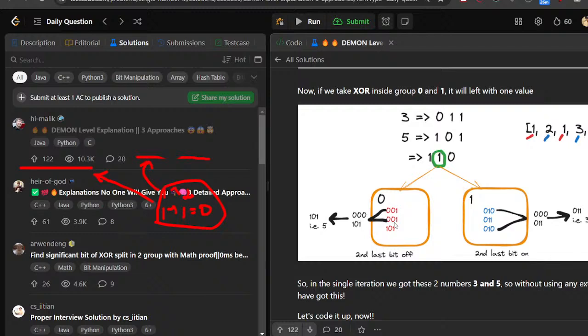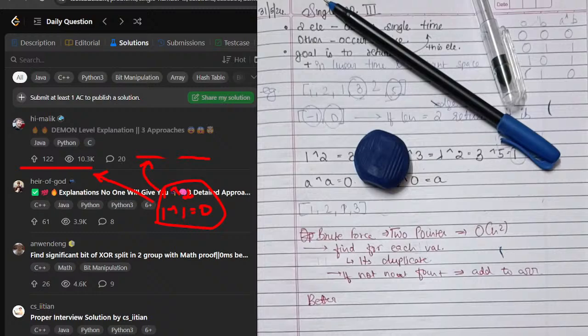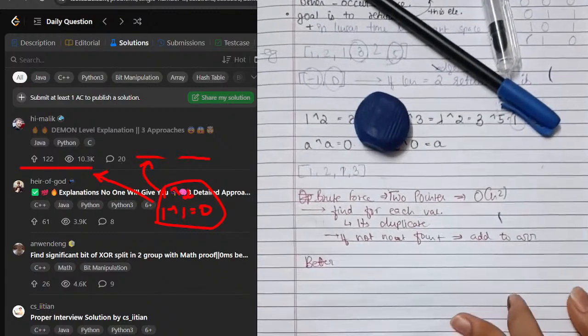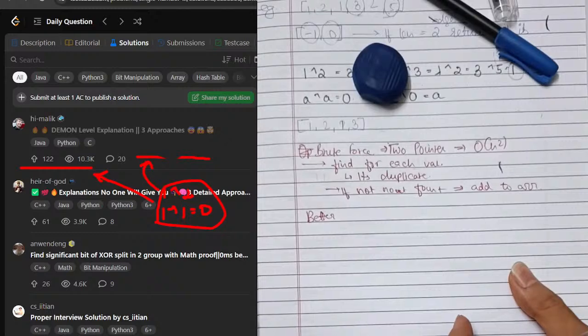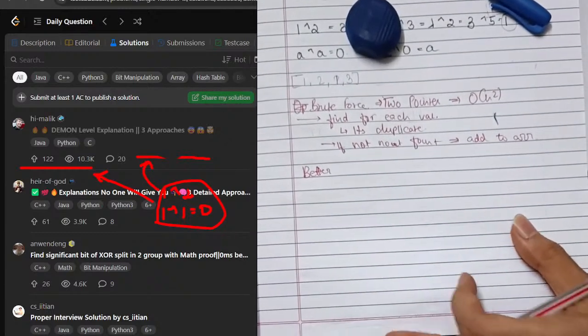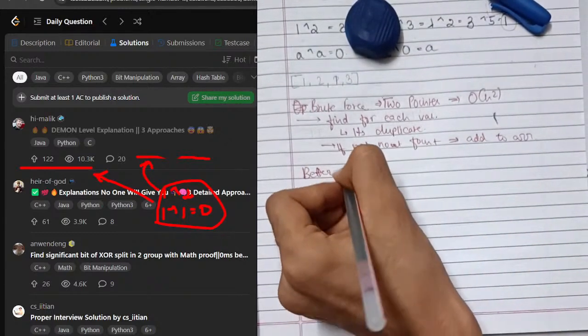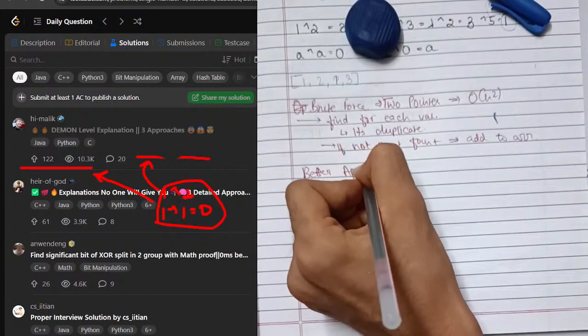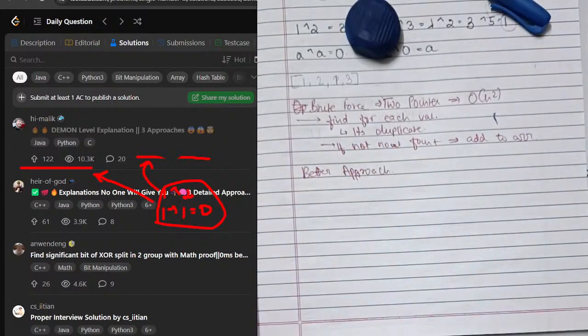What is that better approach? I think so. Better approach. Better approach.